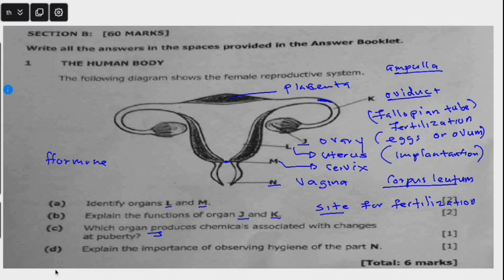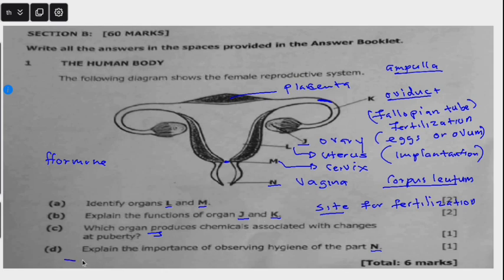Then for D, it is saying explain the importance of observing hygiene of part N. So part N is called the vagina. Why is it important to observe the hygiene of part N?